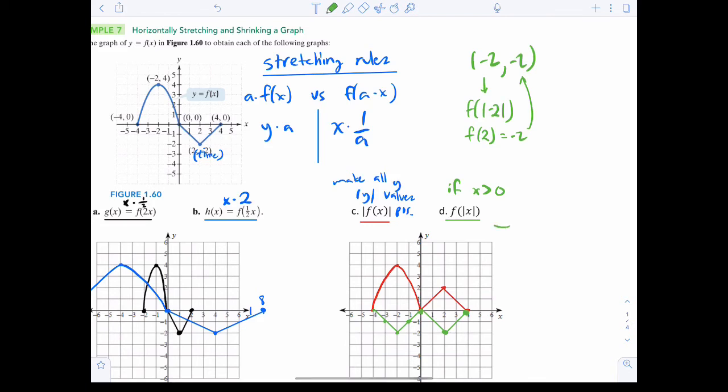And what's really weird is this part, this like parabola shape, is just gone. So to summarize, what this is doing is it overwrites the left, or the negative side, with the right, or the positive side.